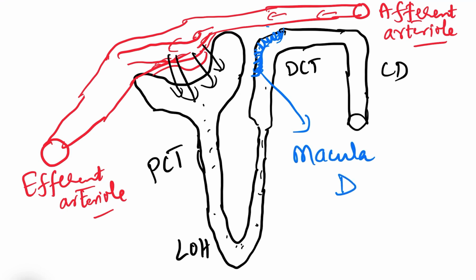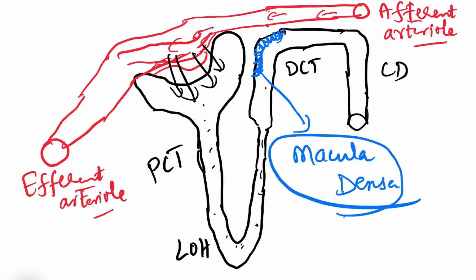Similarly, I am showing in green the specialized cells in the arteriolar wall, in the afferent as well as efferent wall near the macula densa. These are known as juxtaglomerular cells. Together they form the juxtaglomerular apparatus.